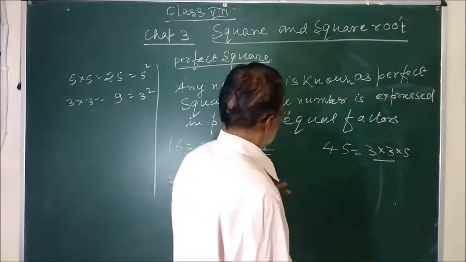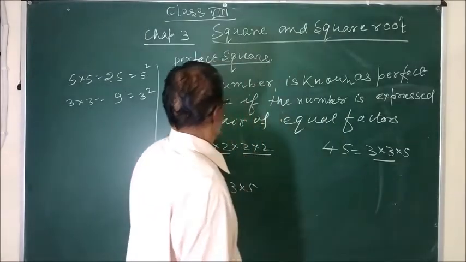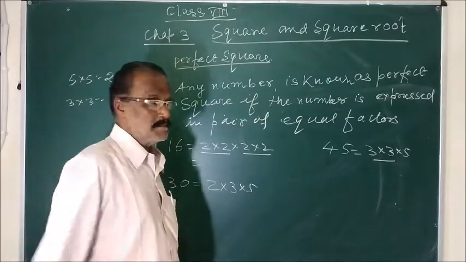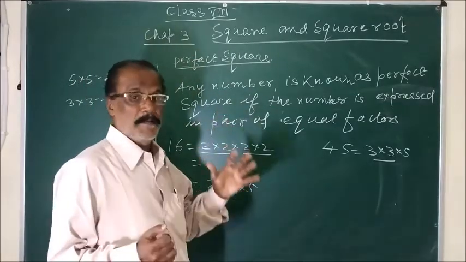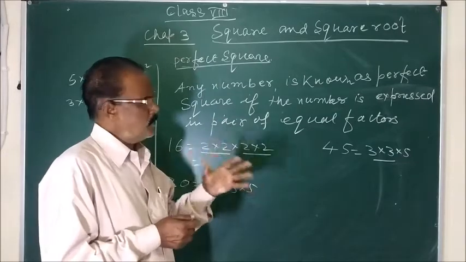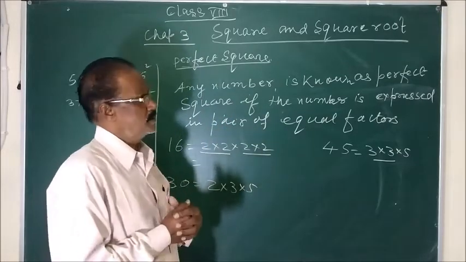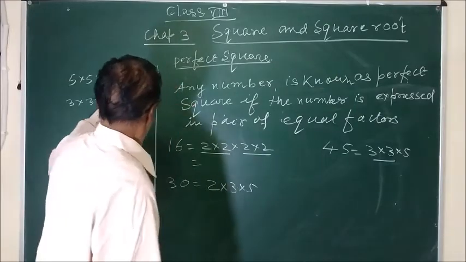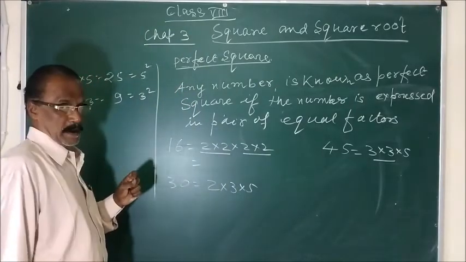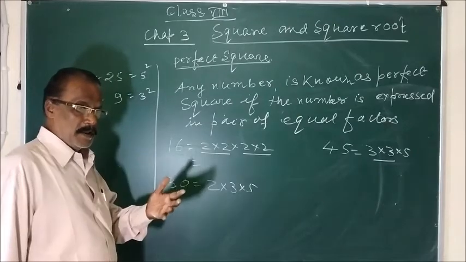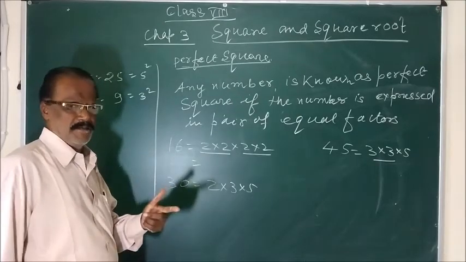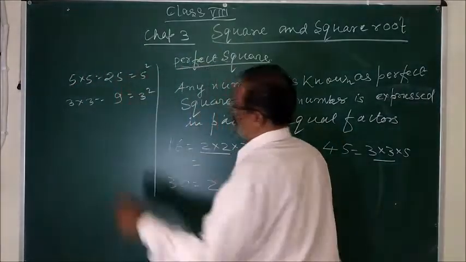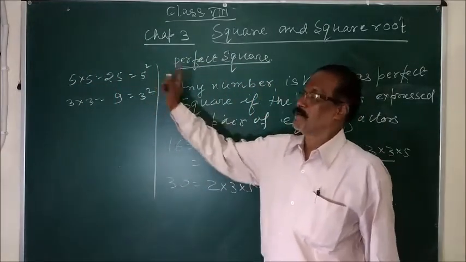So I suppose you must have learned the meaning of a square and what a perfect square is. After that we will come to the square root. So I repeat, what is the square? If you multiply any number by itself, the product obtained is called the square of the number.